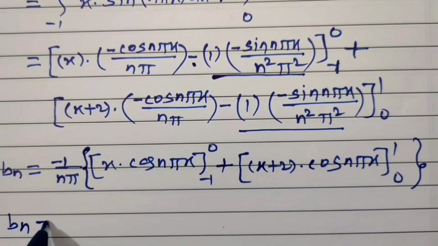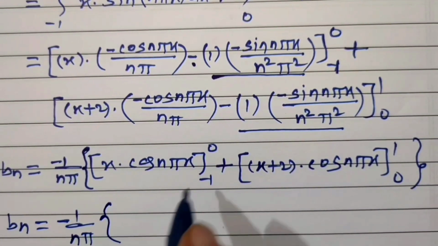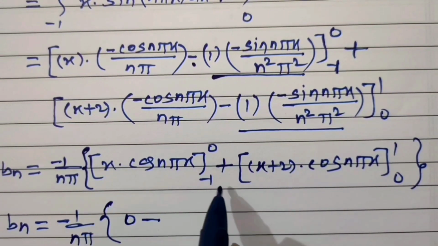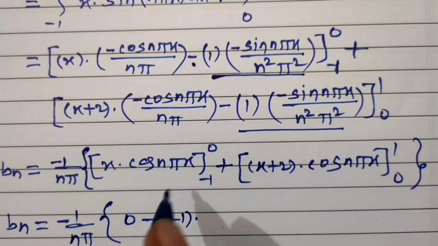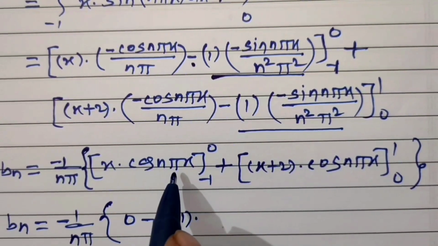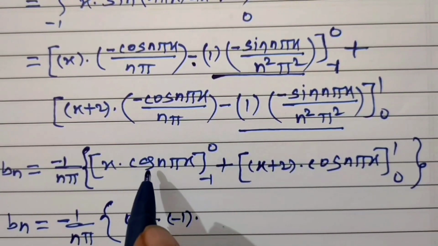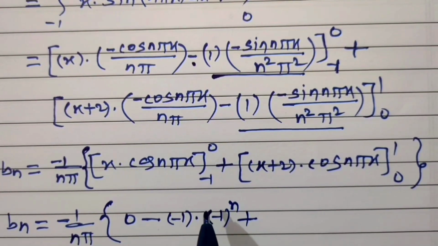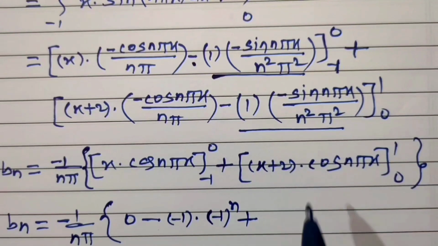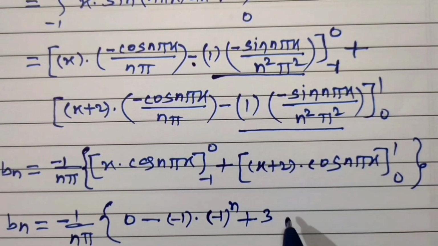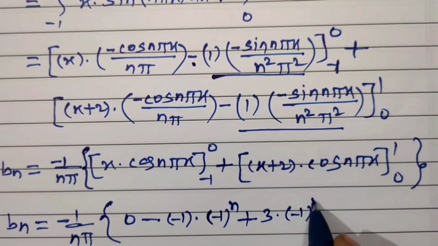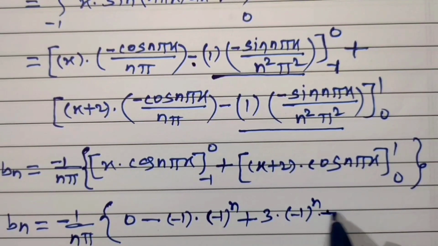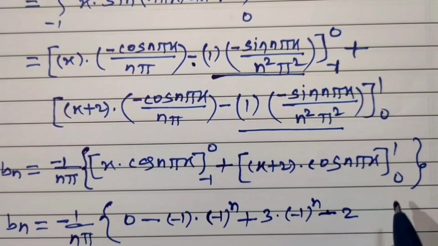Bn is equal to minus 1 upon n pi, substituting upper limit here, this becomes 0, minus replacing x by minus 1 into cos of minus n pi, but you know cos of minus theta is cos theta, so cos n pi, that is minus 1 to the power n, plus substitute upper limit here, 1 plus 2 is 3, cos n pi is minus 1 to the power n. Now substitute lower limit 0, 0 plus 2, 2, into minus 2 into cos 2n pi.